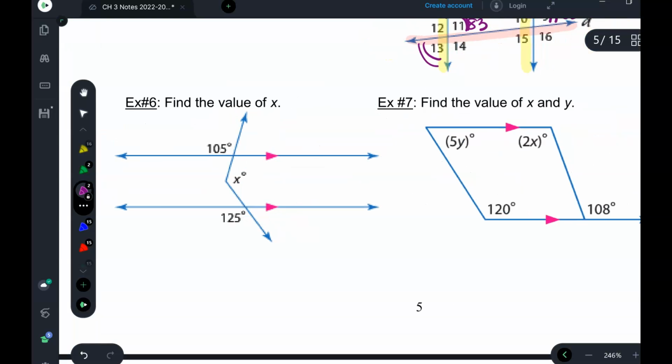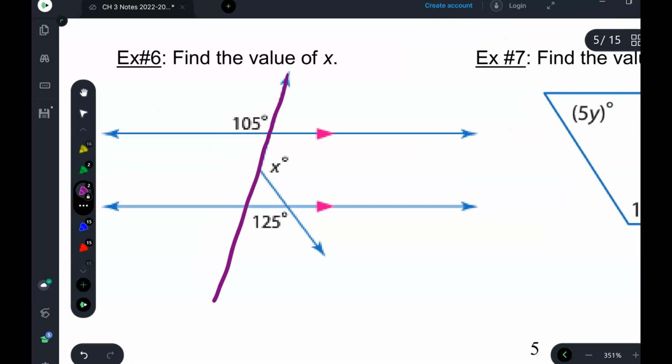Example 6. Here's what we're going to do. We are going to extend this line so that it makes a transversal. So this is 105 degrees, which makes this 75 degrees. And then if this is 125, that has to be 55 because they make a linear pair.